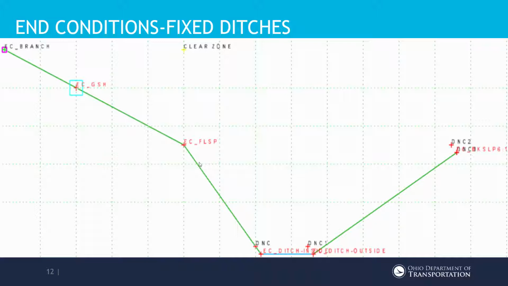The reason is that in this screenshot I have here, you'll notice that I have a bunch of do not construct points. So what this template is actually doing is coming down your fore slope, following these hidden components here, and then coming back on itself and back up to finish.